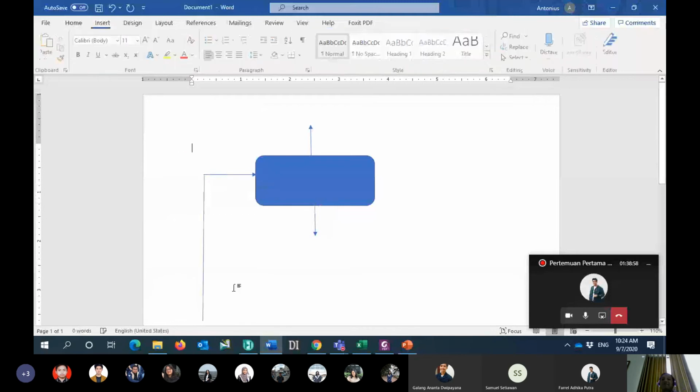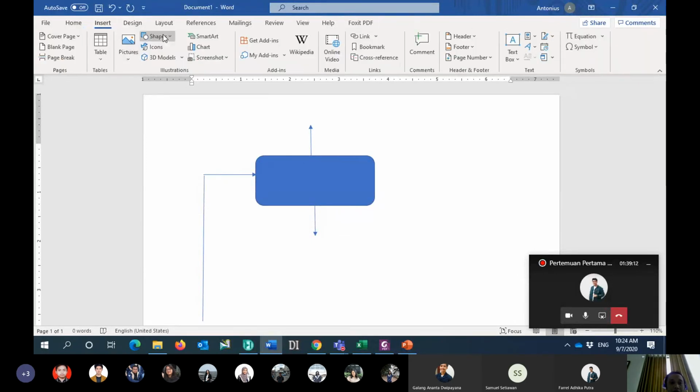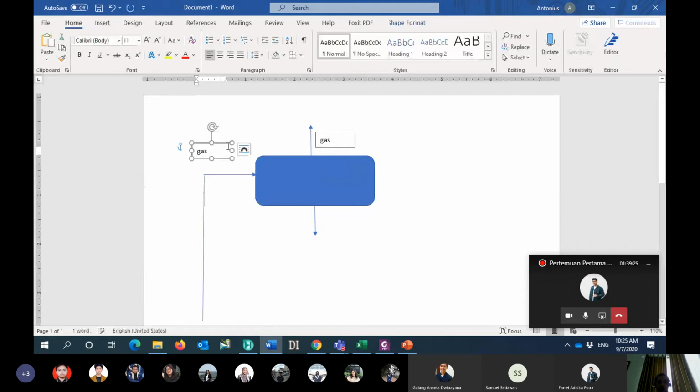This is the pipeline. So what you have to do to avoid the slugging is, first, you have to separate between gas and liquid. This is gas, and this is liquid.